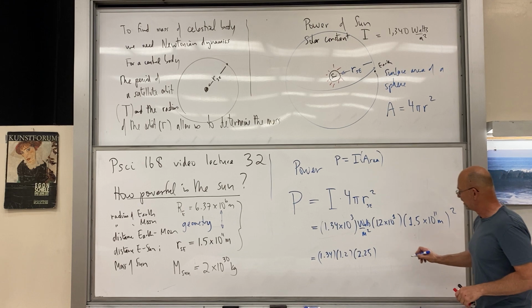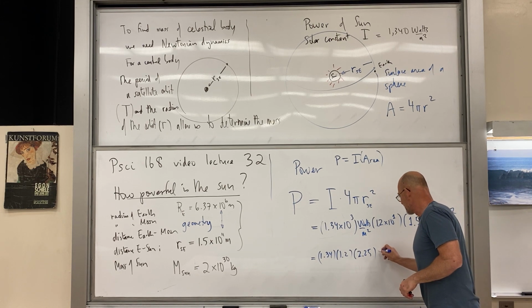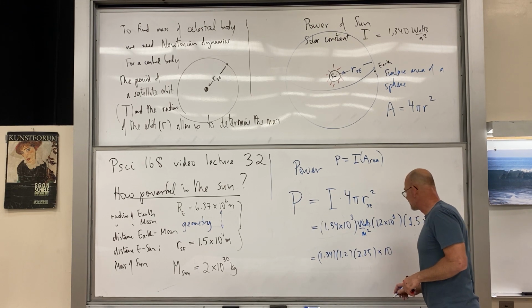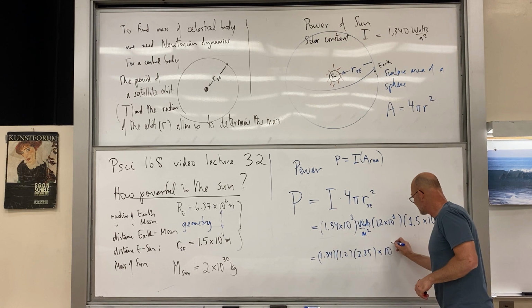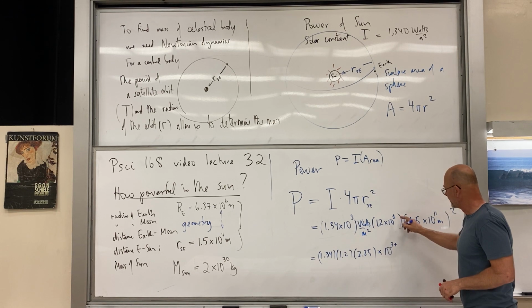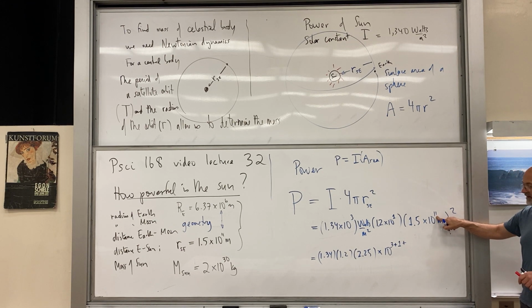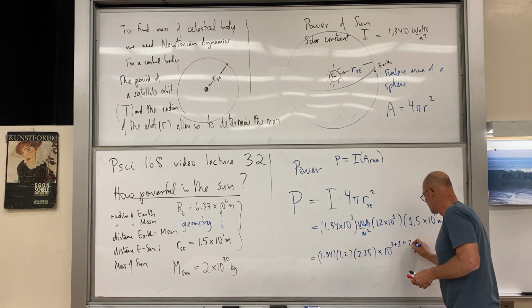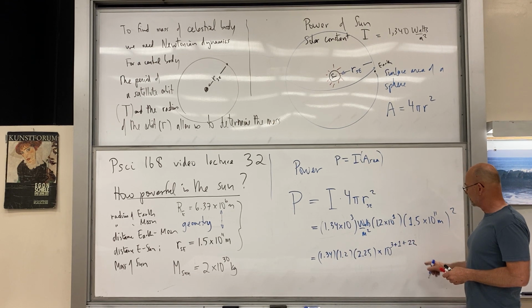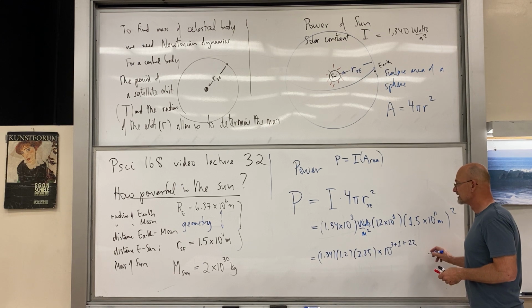And then we'll have times 10 to the 3 plus 1 plus 11 times 2, right? It's squared, plus 22. 22, 3, 4, 5, 6. This will be watts.